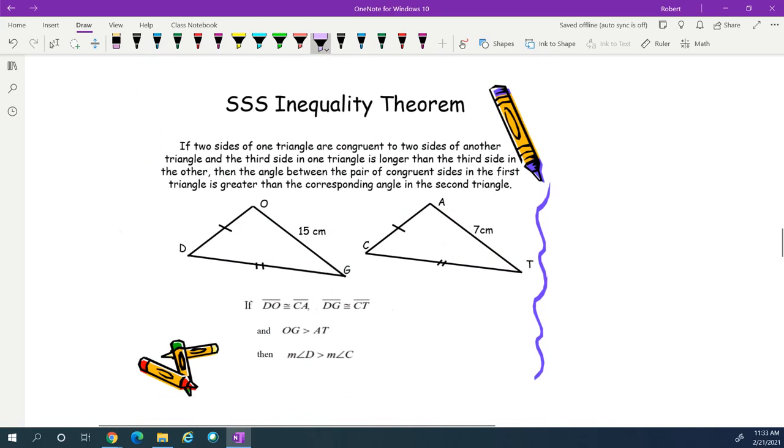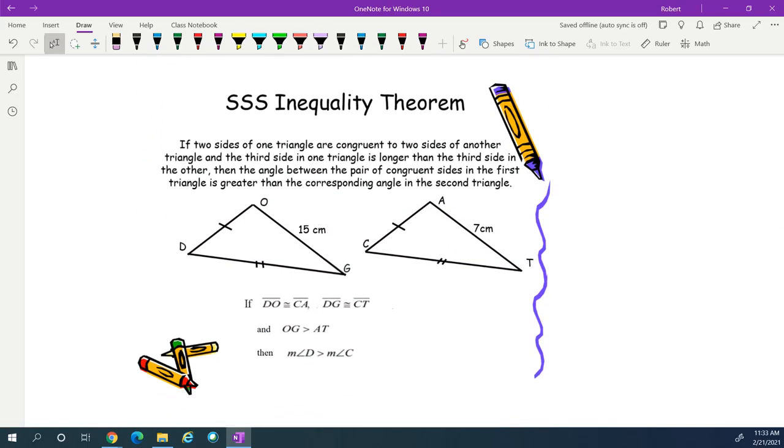Same thing. SSS inequality is the same idea in reverse. Look at our pictures. Those sides, those segments stayed the same. But now we know the sides, and we're going to find out about the angles.